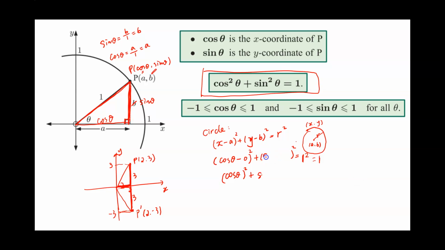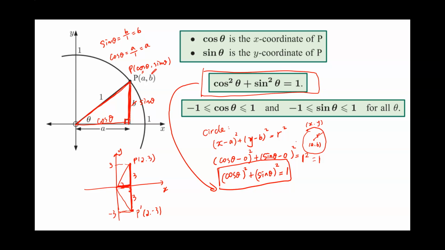So this is sine theta take away 0, to the power of 2, equals 1. So basically this is the formula here. This is a very important formula that you're going to have to remember all the way to Year 12.